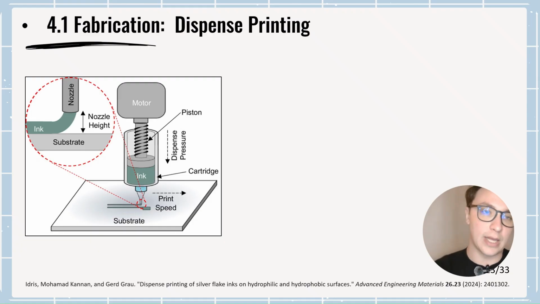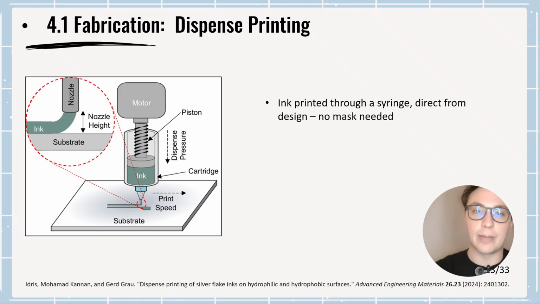One of the first that came to my mind is dispense printing, which is basically based on ink, which is deposited by a nozzle on the very substrate, and basically the ink is pressed through this nozzle with a piston with a motor on top of it that pushes the ink down and allows the printing to happen. So basically there's a syringe.